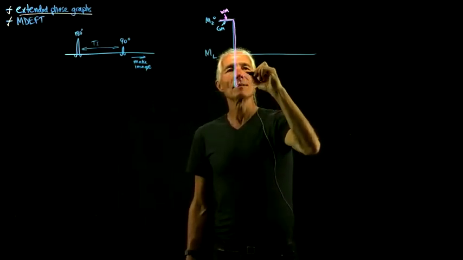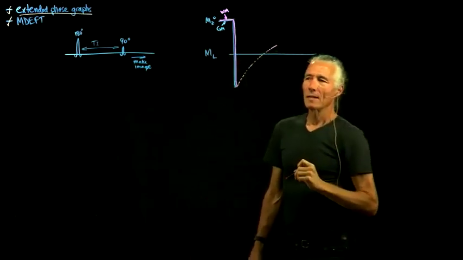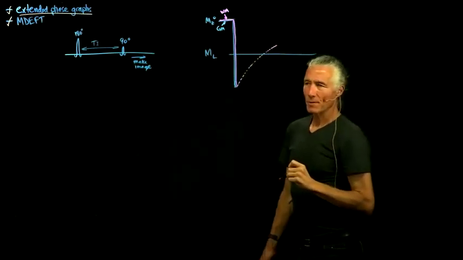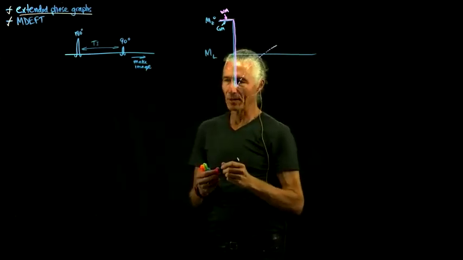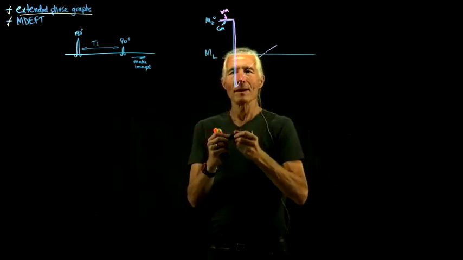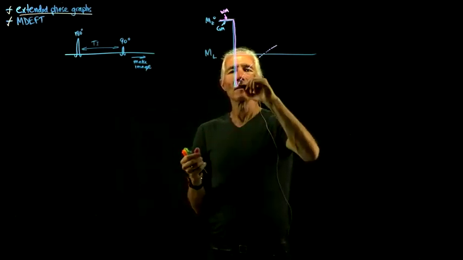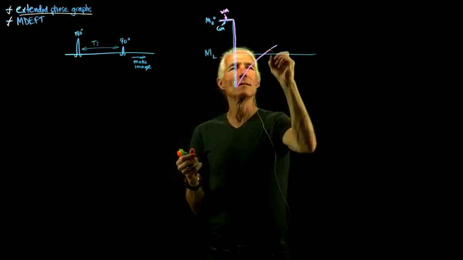So here's the white matter. This one will recover a little quicker because its T1 number is shorter, and that means a quicker recovery. So that's the white matter, I'll just color it in. And then the gray matter is recovering slower.